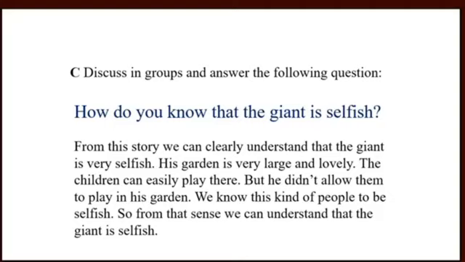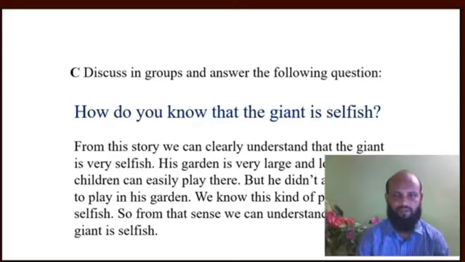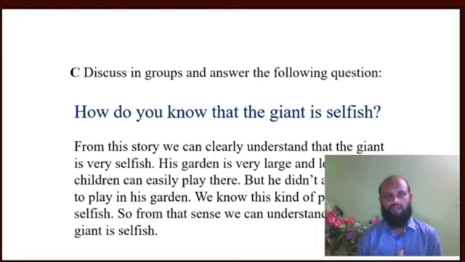So from that sense, we can understand that the giant is selfish. I hope you understand this idea. And now I think you will write down your own idea like this at home, and that will help you to increase your writing skill.